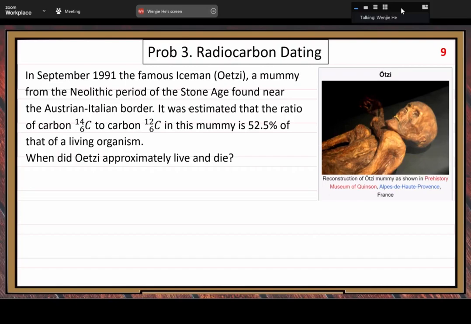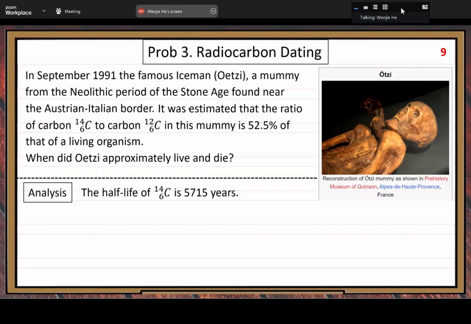That's easy, it is known. So we need to get that information. The half-life of carbon-14 is 5,715 years. That long. Okay?